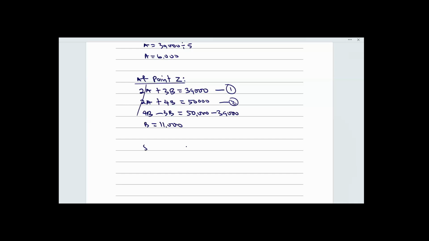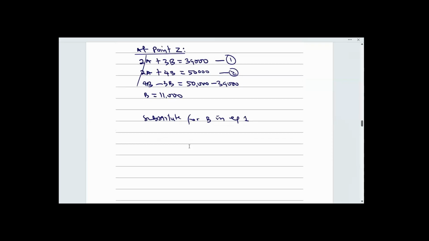All right, then substitute for B in equation 1. The first equation is 2A plus 3 into 11,000. Anywhere you see B, put 11,000 equal to 39,000.